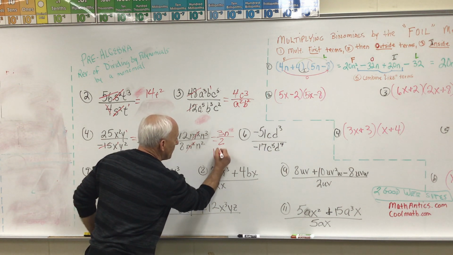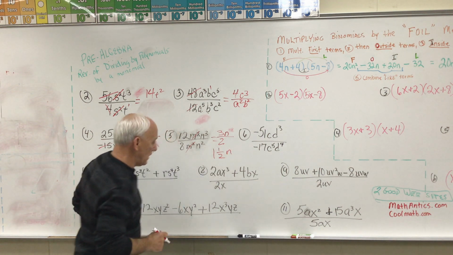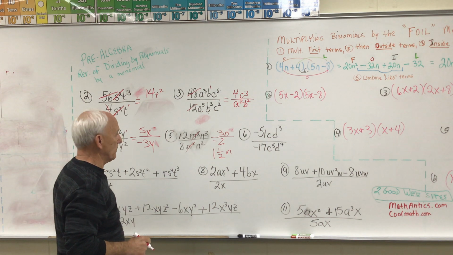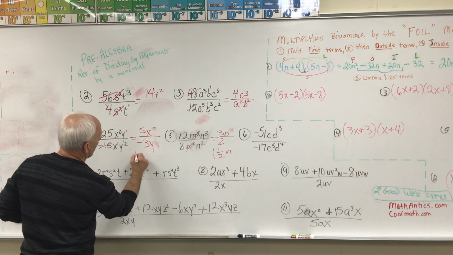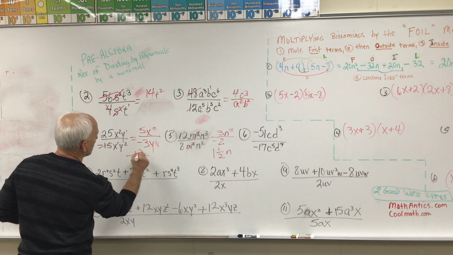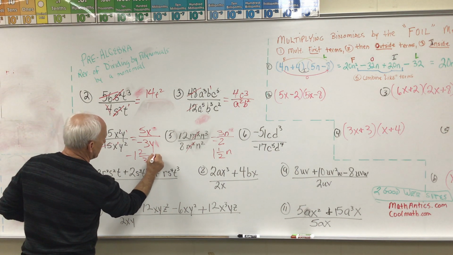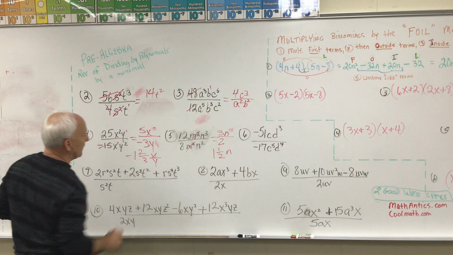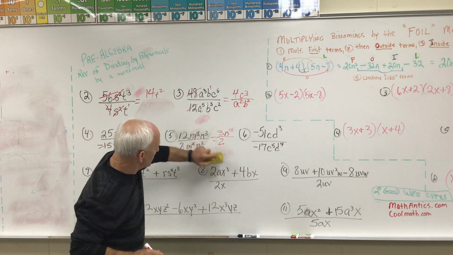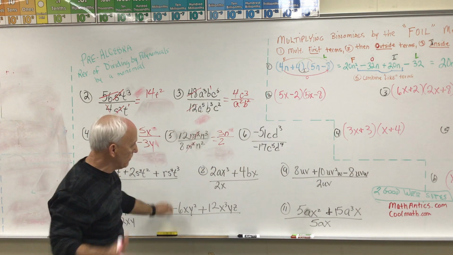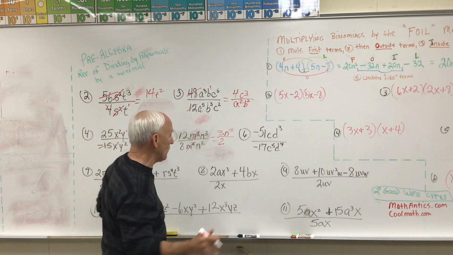Some of you may have put, for this one here, 1 2/3, and then that would be x over y. That gets a little confusing. We want to leave them always in their improper fraction. So I'll keep reiterating that over and over again.